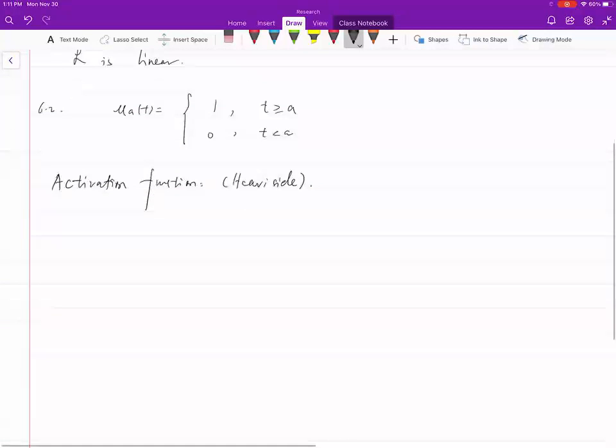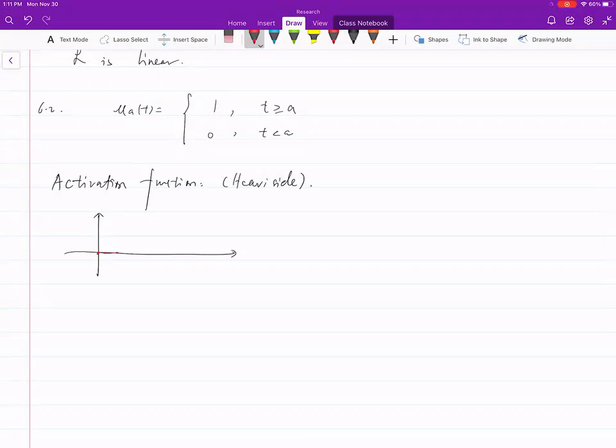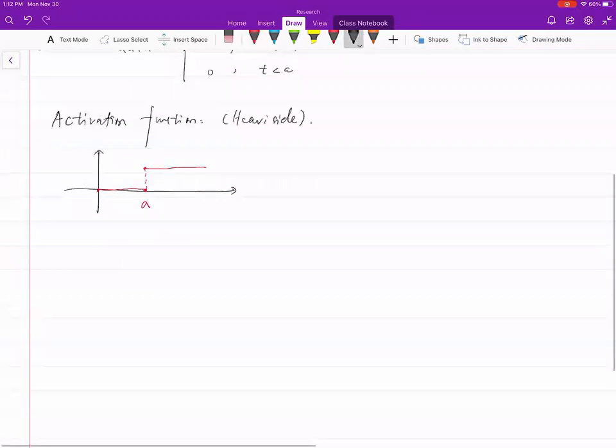Basically, what you see here is a function which is 0 for a period of time, and then starts to have a value right after a certain time a. Piecewise defined. And like we said, this can reflect a rocket. You have a rocket that flies for, I don't know, half an hour, and suddenly the first level drops, the second level gets activated. So you're going to follow a totally different dynamic, a totally different differential equation. So the activation or Heaviside function is used for those kinds of situations.